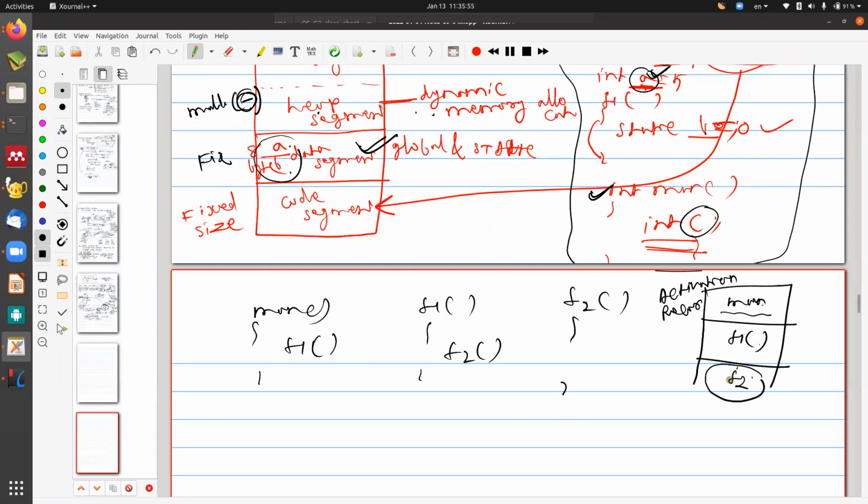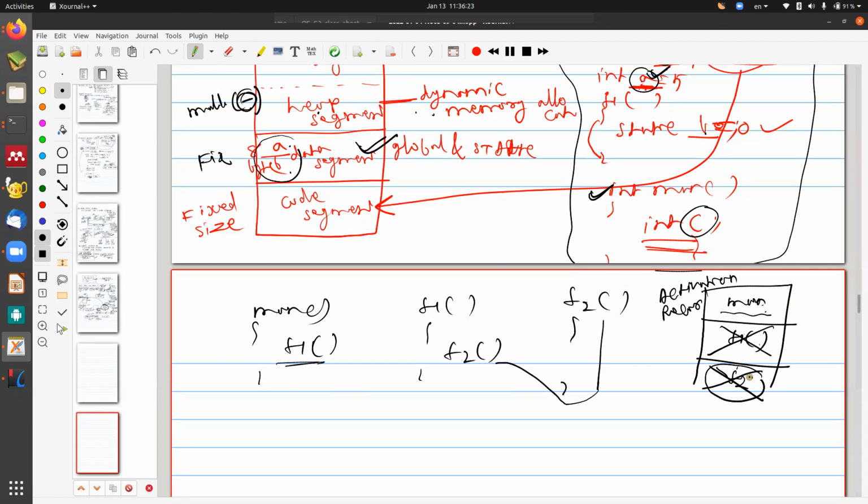Once F2 is completed, you return back to this place, which means your stack is going to shrink. Then F1 is active and executed. Main is currently active, but not executing. And once main is also completed, main becomes active as well as executed.